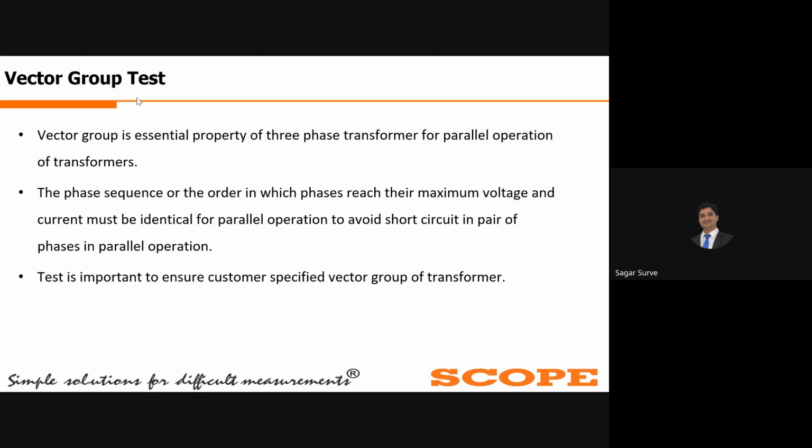The phase sequence, the order in which phases reach their maximum voltage and current, must be identical for parallel operation to avoid short circuit between phases. So if we are putting two or multiple transformers in parallel operation, then they should have the same phase sequence and the same vector group, so that we will get identical voltage, because both transformers are going to connect with the same bus, so that the bus parameters should not get affected. That's why we need to check the vector group.